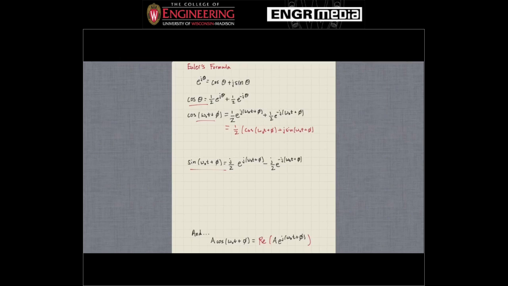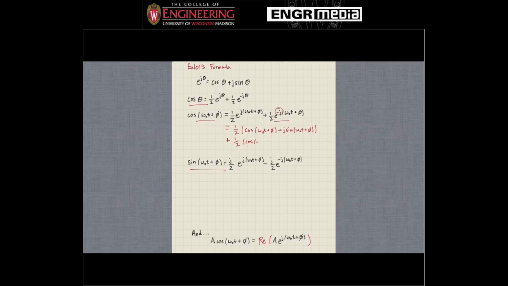And then we also have the second term here, adding that to the first term, right? So that's also 1/2, and now times cosine of minus omega naught t minus phi. Remember, there's a minus sign up here.